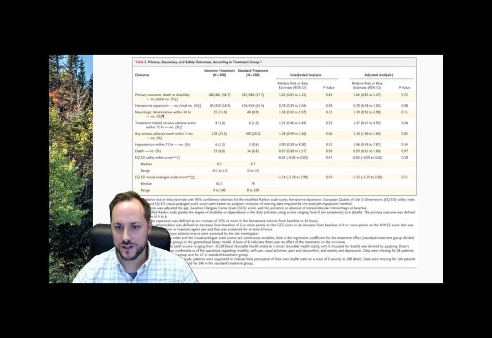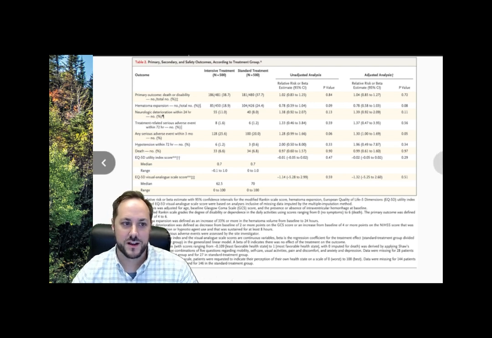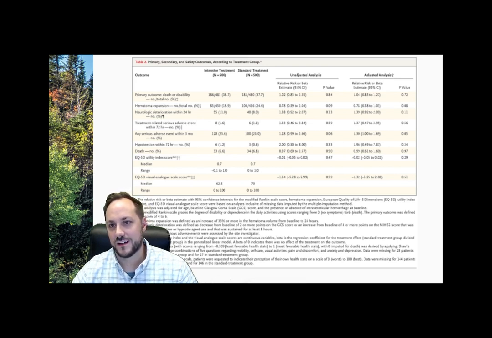Okay, so here's the table of the actual results of this paper. Here's what it all really comes down to. Primary outcome, death or disability, in the intensive versus standard treatment group. There's no statistical difference. Hematoma expansion, there's no difference.